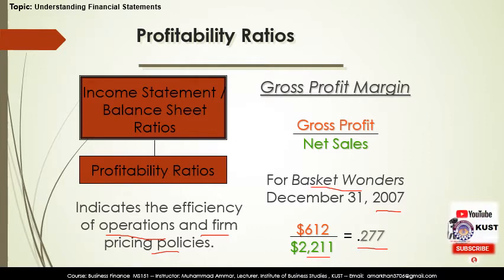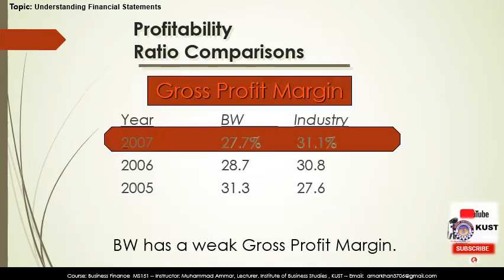Now we can compare this 0.277 ratio with the industry average ratio, to see whether Basket Vendor is good compared to the industry average or not. So this is the gross profit margin by comparison with the industry average. The columns show the different years 2005, 2006, 2007, but we are talking about the year 2007 only.